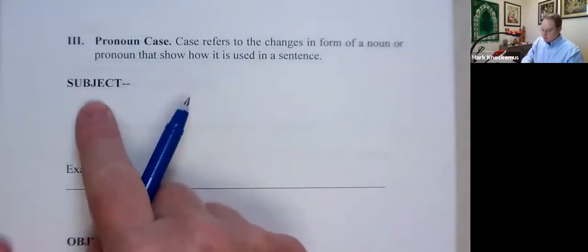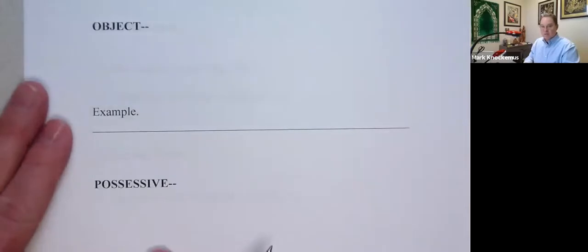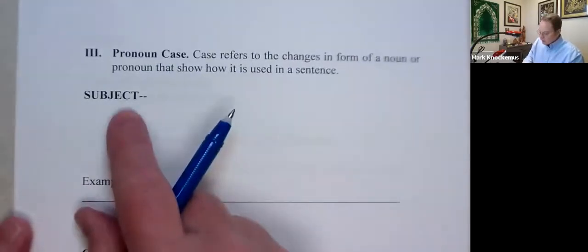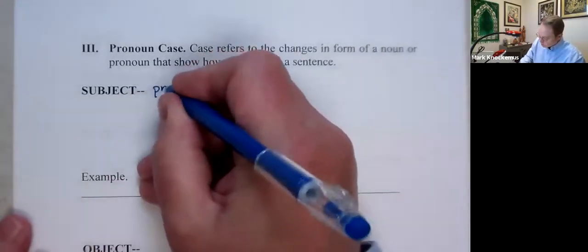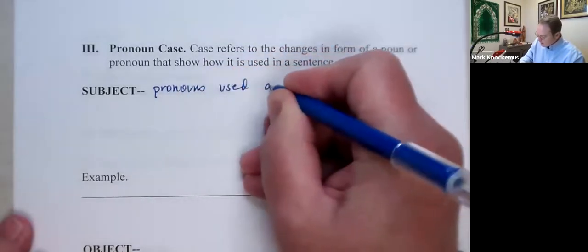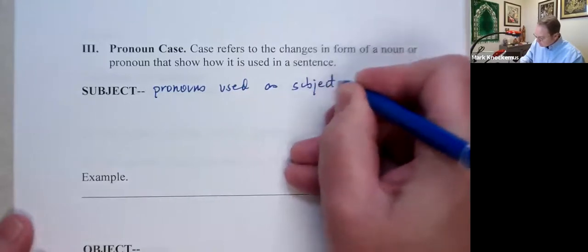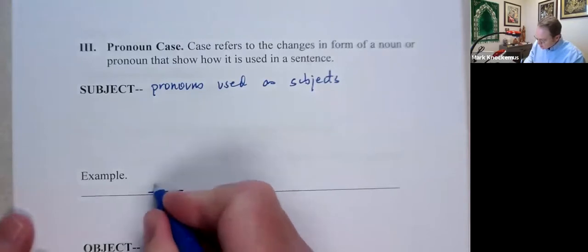So we have subject case, object case, and possessive case pronouns. By the subject case, these are the pronouns used as subjects. So we could come up with an example sentence.